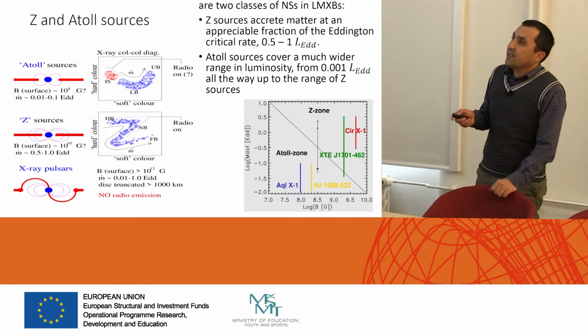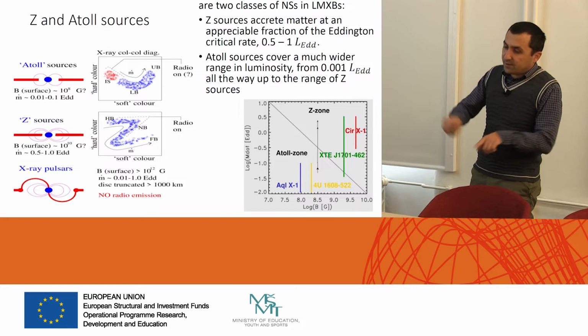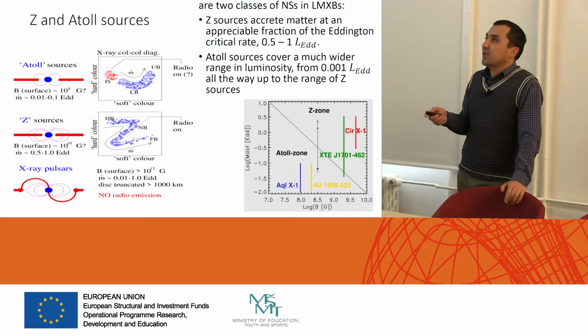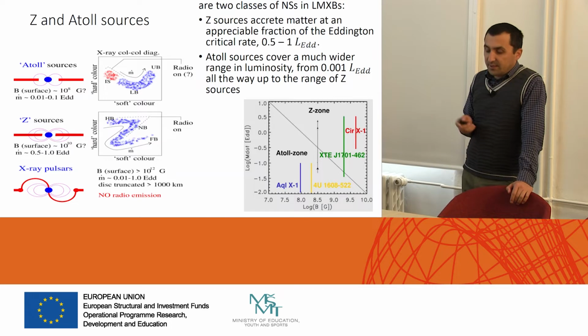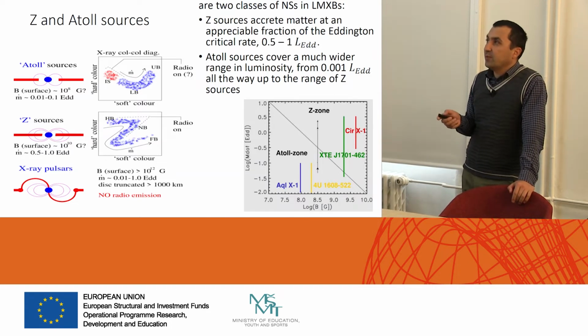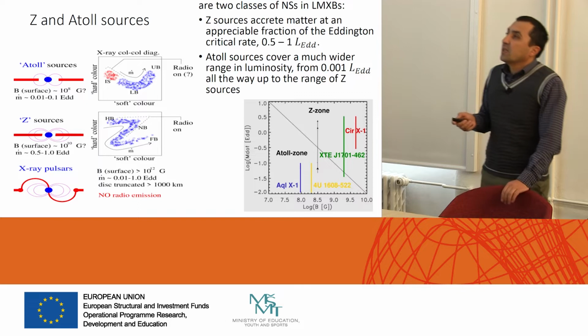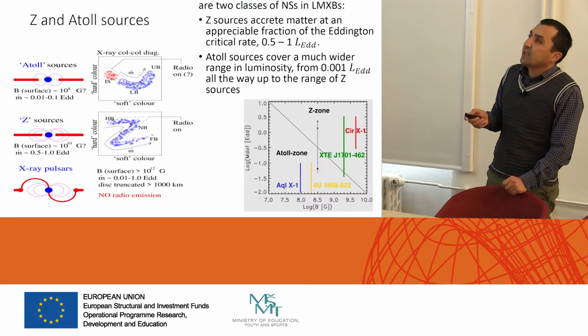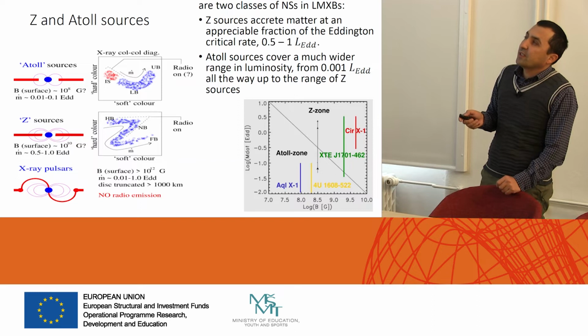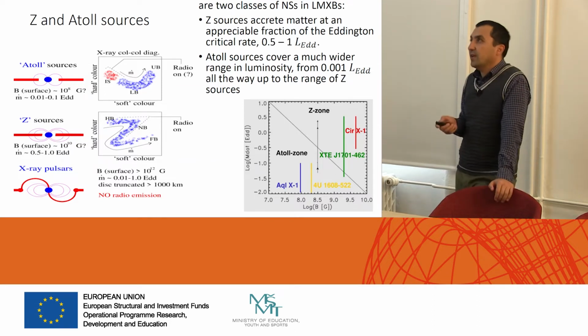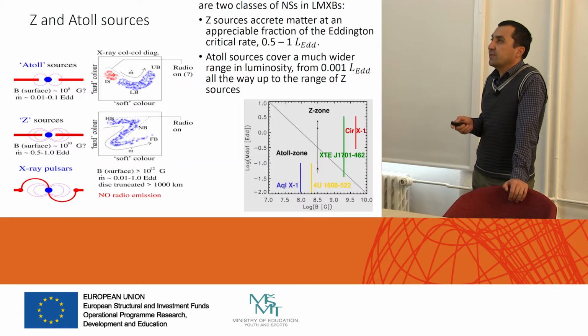In atoll sources, the mass rate of the accretion disk is from 0.01 to 0.1 Eddington limit, and in Z sources it is quite higher, from 0.1 up to 1 Eddington limit. The magnetic field in the atoll sources is about 10 to the power 8, and in Z sources 10 to the power 9.